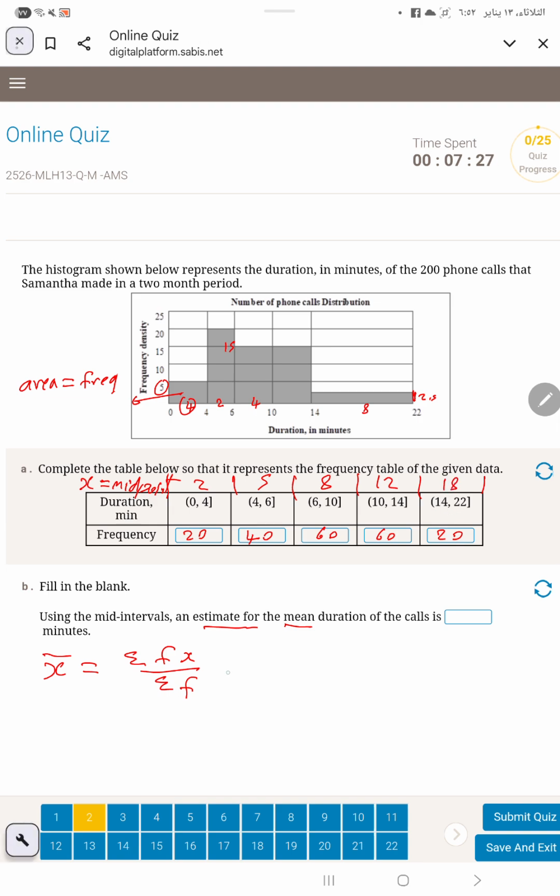Now you do the equation. Sigma fx means multiply f and x, frequency and midpoint, then add them.